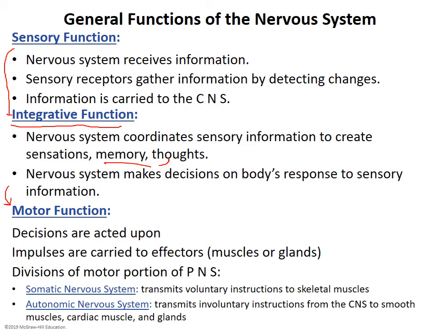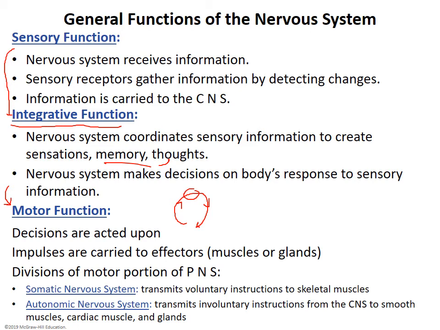And if I do, it sends it out, and that's a motor function. So this is kind of this big cycle, right? It comes into the brain, and then the brain makes a decision, and then the decision goes out on a motor neuron, and it's going to cause something to change.